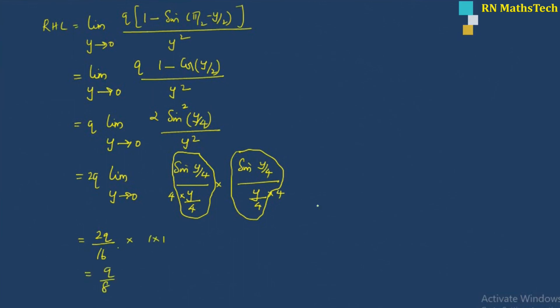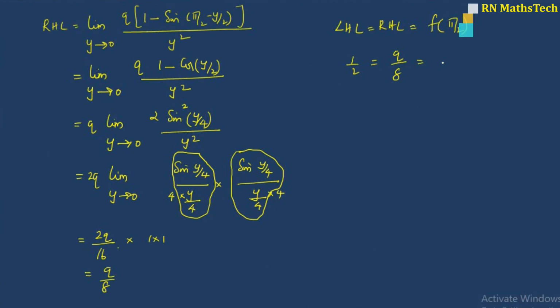That is the right hand limit. Since the function is continuous, the left hand limit equals the right hand limit equals the value of the function at the point pi by 2. Now the left hand limit is 1 by 2, the right hand limit is q by 8, which equals the value of the function at the point pi by 2, given as p.